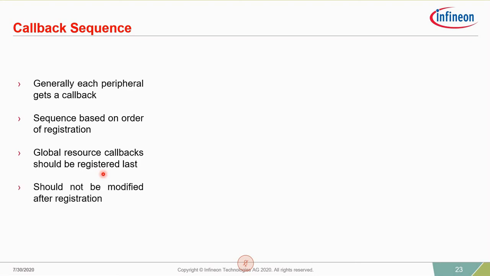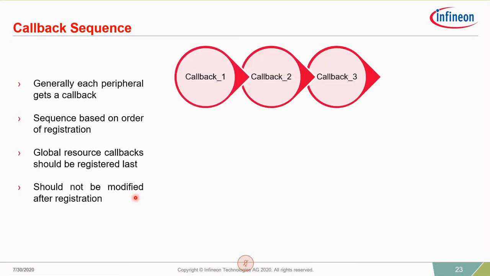And the application should ensure that these callback structures are not modified after registration. And it is also responsible for the scope of the callback. Now I'll go back to the example that I spoke about before. We have three callbacks, and before the device transitions to low power mode, the callbacks are executed in this sequence. And then the device transitions to low power mode.